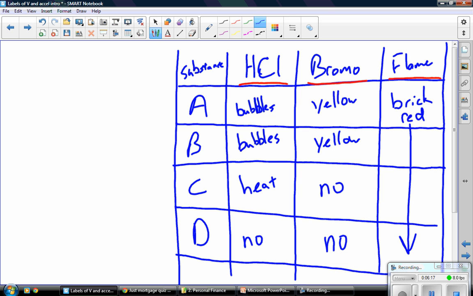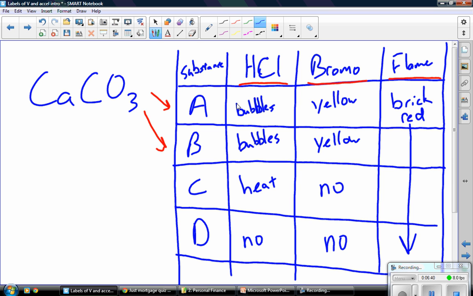Okay, now in this case, A and B were the same. They were both a substance called calcium carbonate. So calcium carbonate. And that was A and B. That was the main ingredient in those two substances.